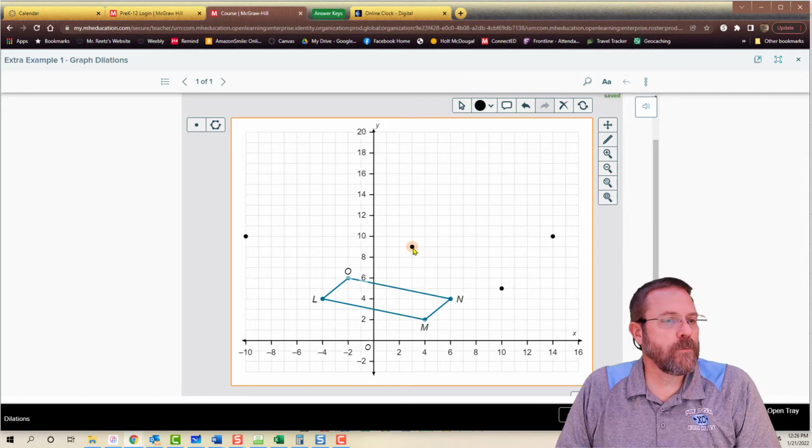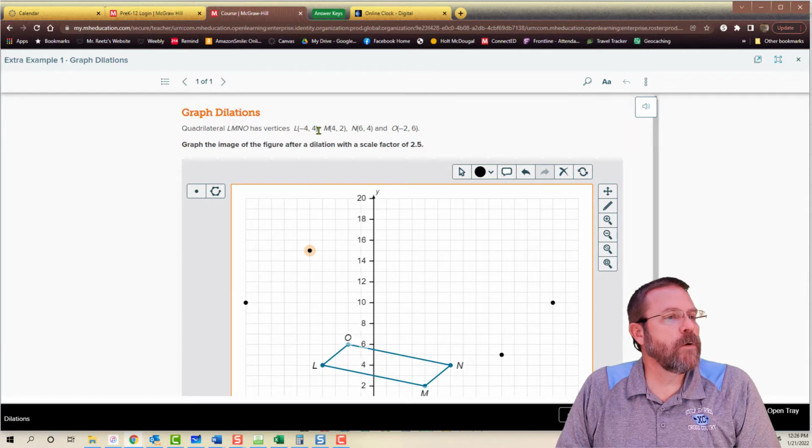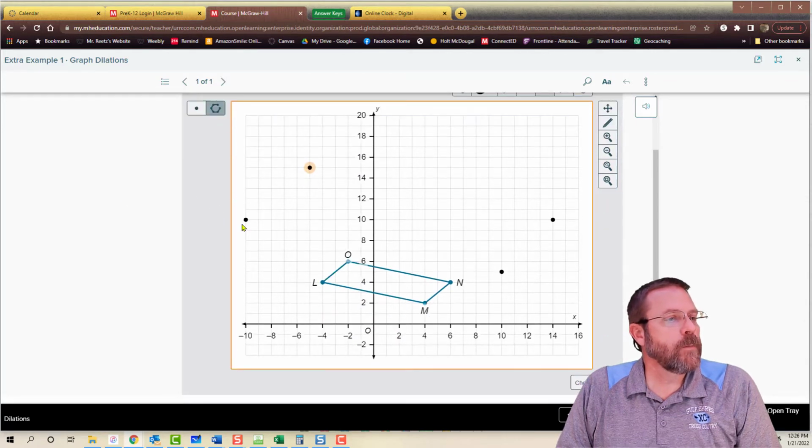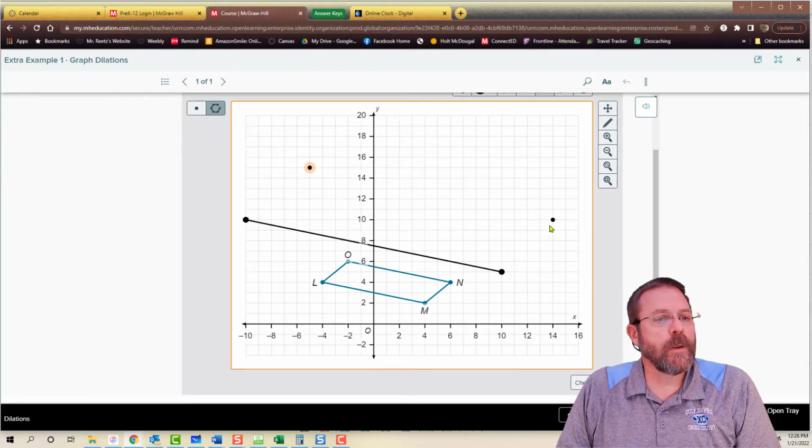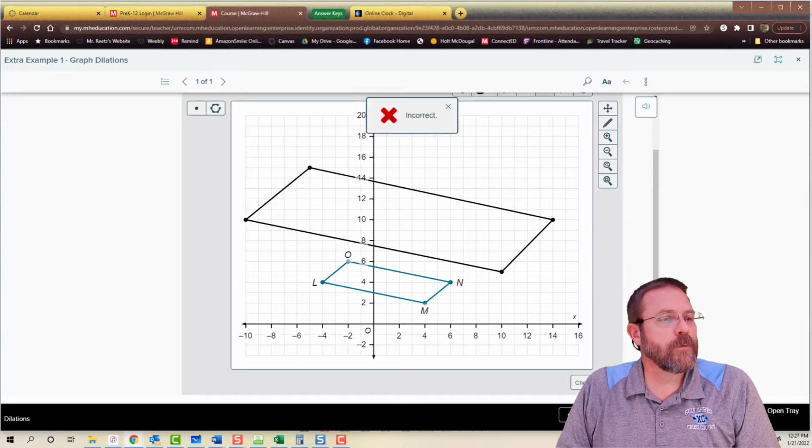Add a point, start at the origin, go to negative 5, and all the way up to 15. From here, we want to do it in the order that they gave it to us, which was L, M, N, O, and see if that'll mark it right that way. So I'm going to start at L prime, go to M prime, N prime, O prime, and then back to L prime again. Let's see if it gives us correct.